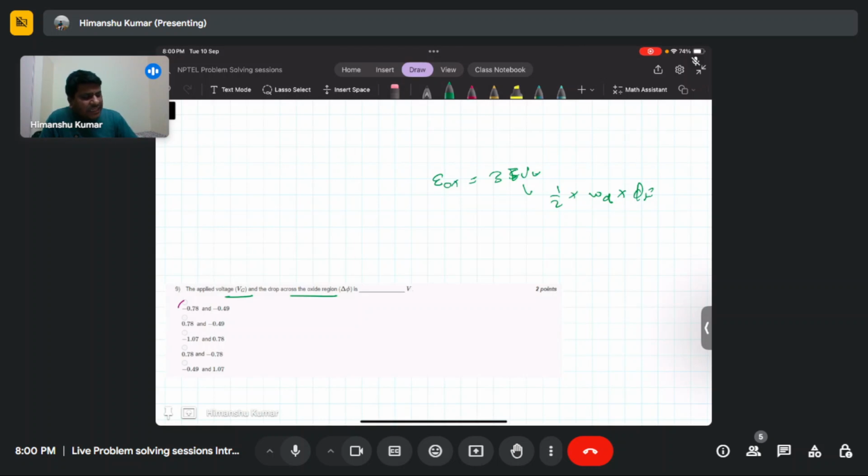Then you can calculate 3 times half of this. And WD you can calculate as qnd by epsilon times the drop across the semiconductor, and that is 0.29 electron volt.